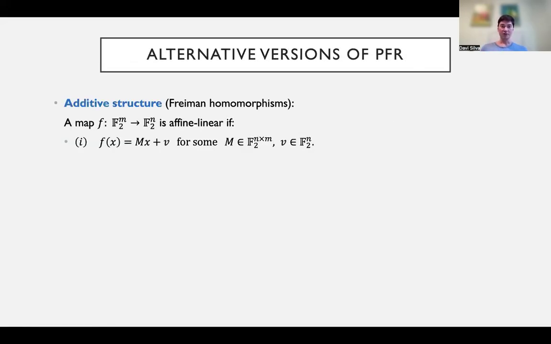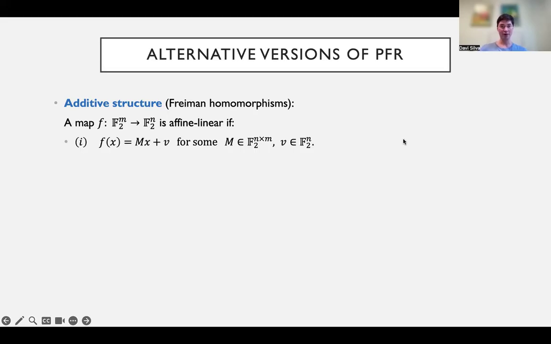So some alternative versions of PFR. These ones concern more additive structure, which in additive combinatorics parlance are called Freiman homomorphisms. So you have this basic notion of an affine linear map. A map from F2 to the m to F2 to the n is affine linear if and only if it can be written as Mx plus v, where M is a matrix and v is a vector.